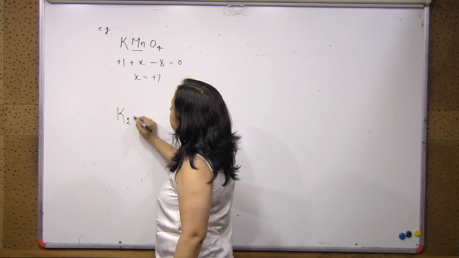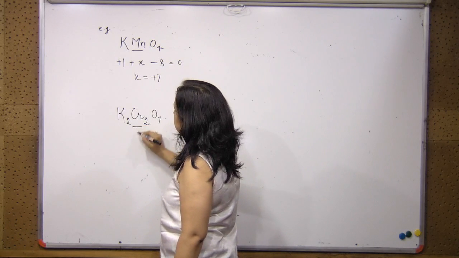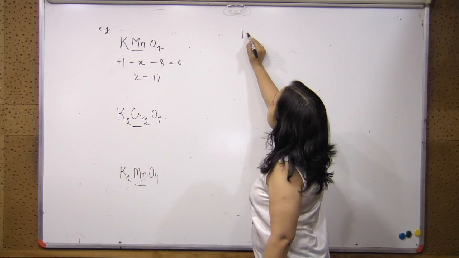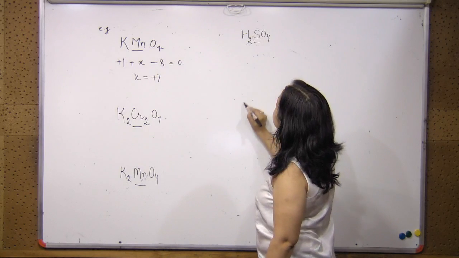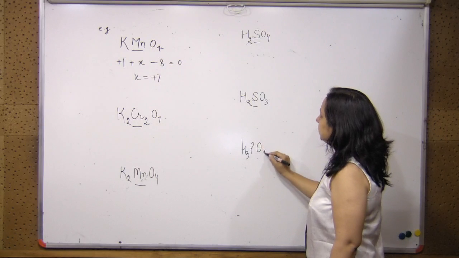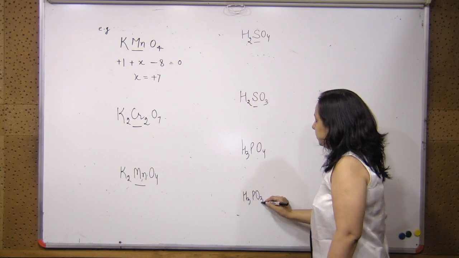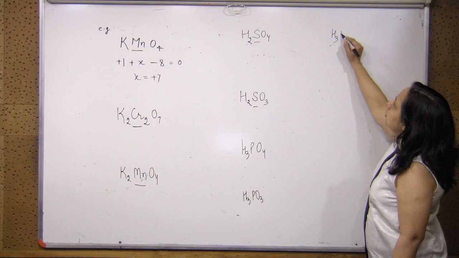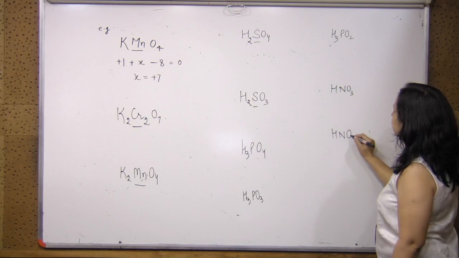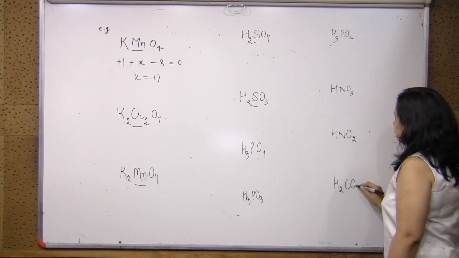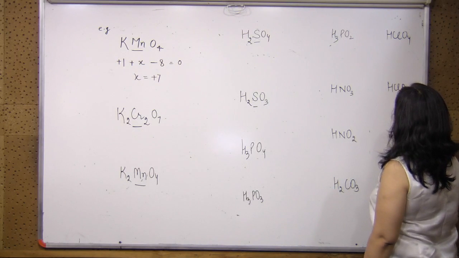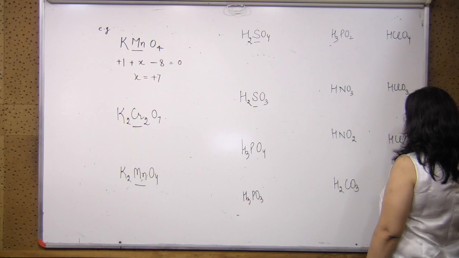Second compound, if it is given K2Cr2O7, K2MnO4, H2SO4, H2SO3, H3PO4, H3PO3, H3PO2, HNO3, HNO2, H2CO3, even HClO4, HClO3, HClO2 and HCl.